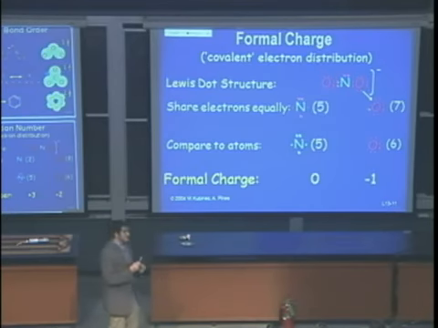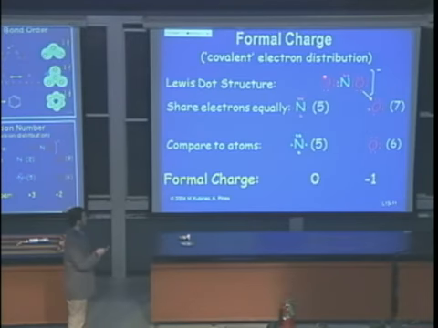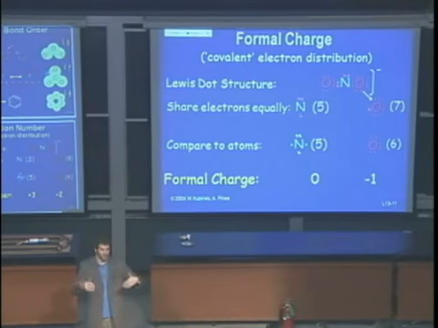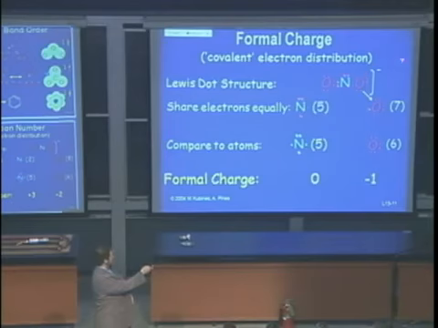The formal charge on this one had better be 0. And it is. Because I've got 1, 2, 3, 4 lone pair electrons. I have 2 bonds giving me 1 electron from each for a total of 6 electrons around this oxygen, which is how many oxygen has in its neutral state. So its formal charge is 0. We have 0 plus 0 plus -1 gives us the -1 overall charge.